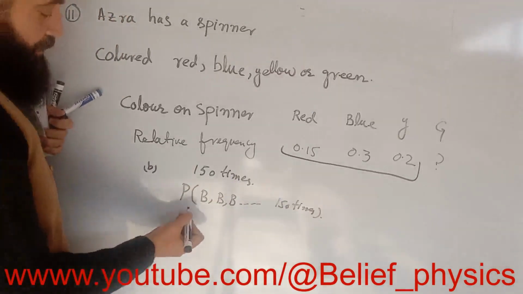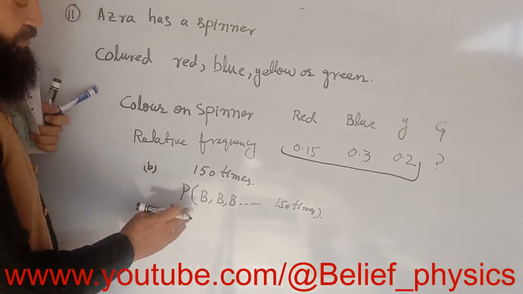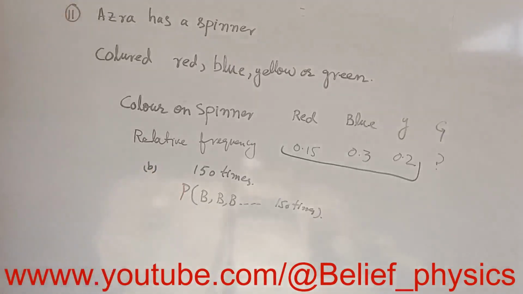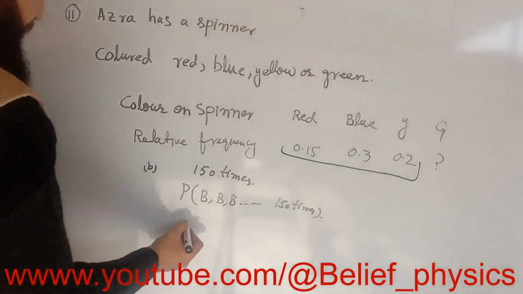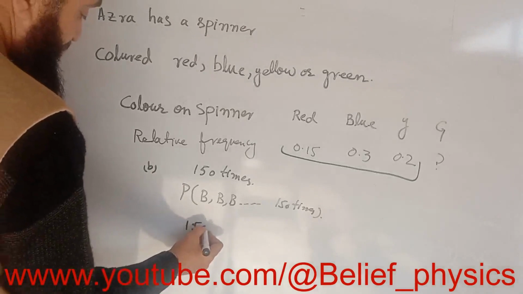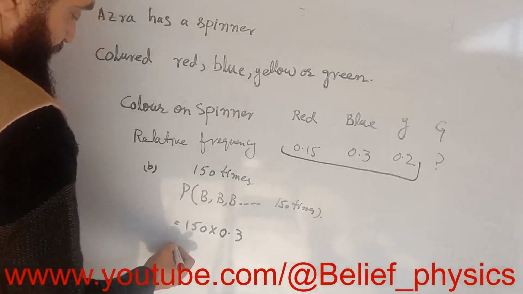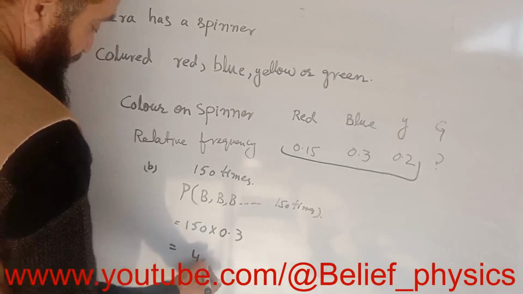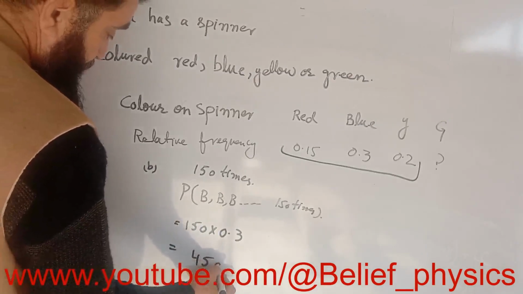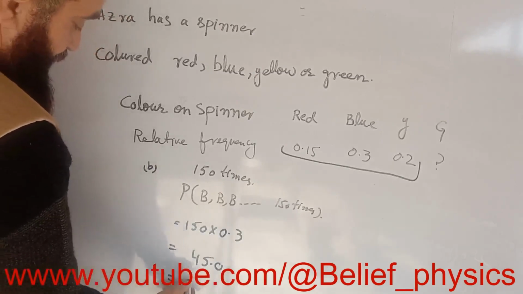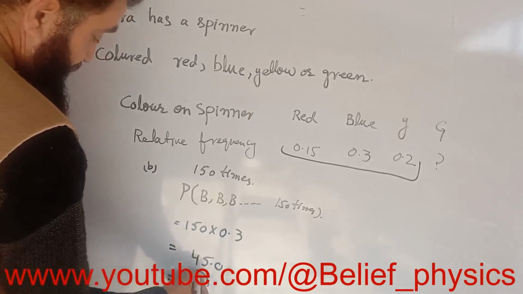If there are 150 times, we add up all the probabilities, or we will multiply it by 150. So the answer will be 150 into 0.3. 15 3s are 45. The point is after one digit, so the point is here. So the answer is 45.0 or 45.